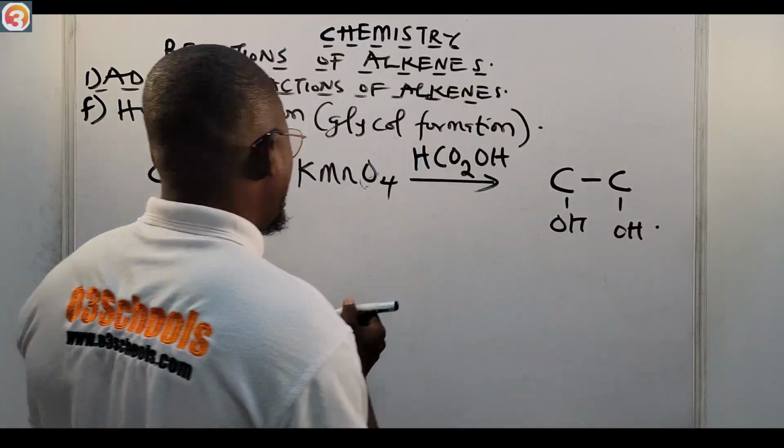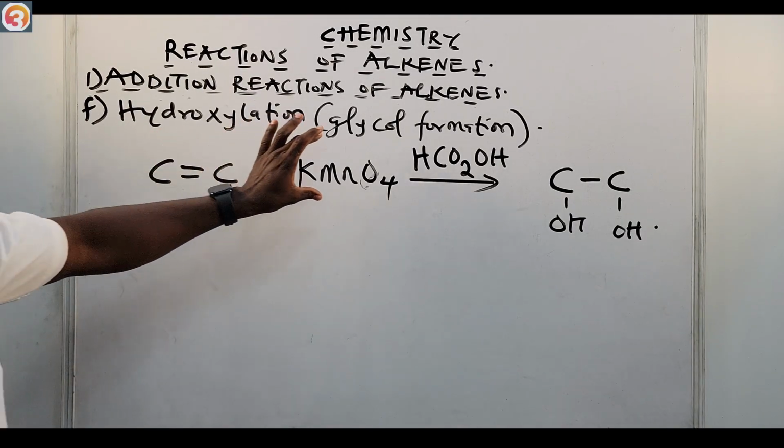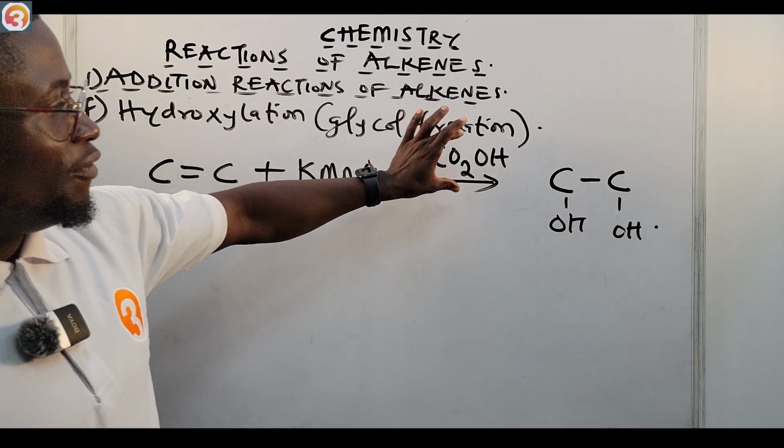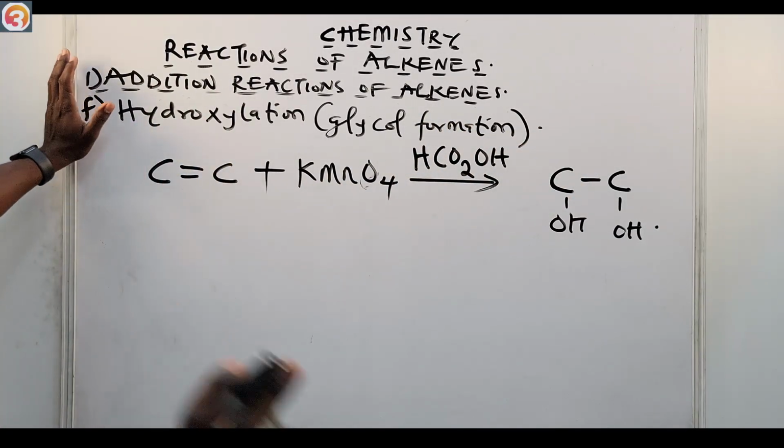Simple as ABC. So a reaction between an alkene and permanganate, under the influence of performic acid, gives us a diol. It's as simple as ABC.